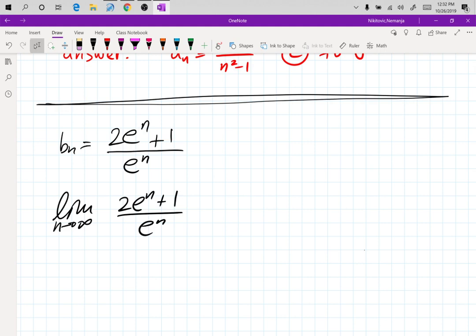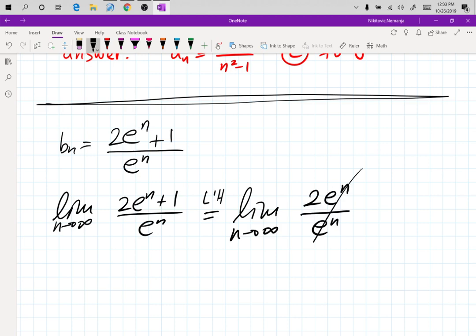No gut feelings, please, and no common sense. Retire it. So let's do it two different ways. You want L'Hopital? Here it is. The limit as n goes to infinity, and when you take the derivative, the 1 dies, you get 2e to the n divided by e to the n, these cancel, limit is 2. Awesome.